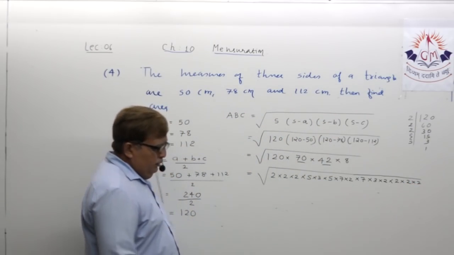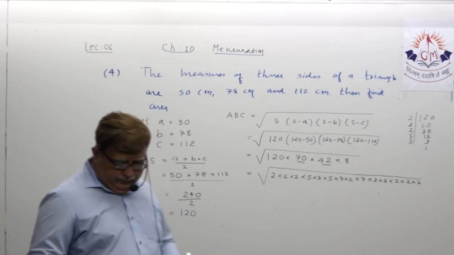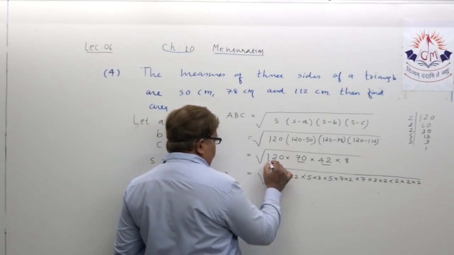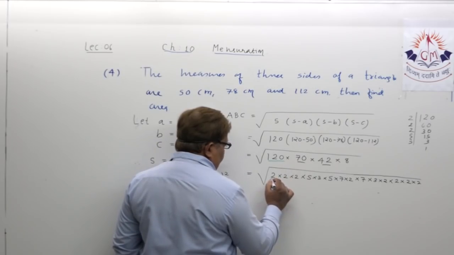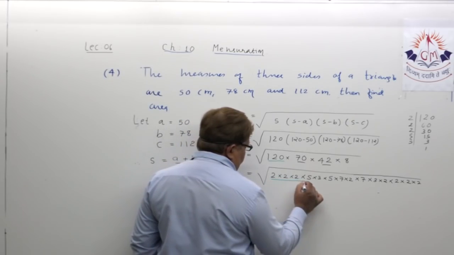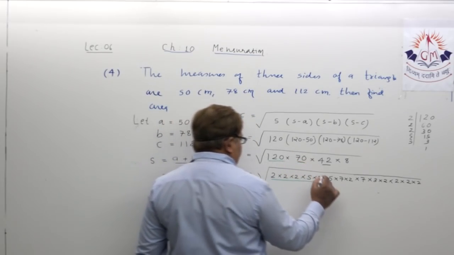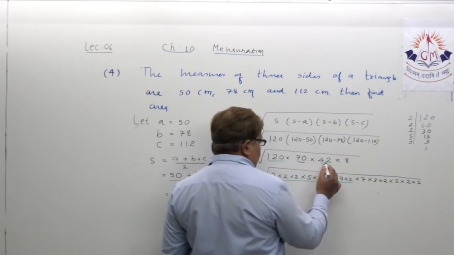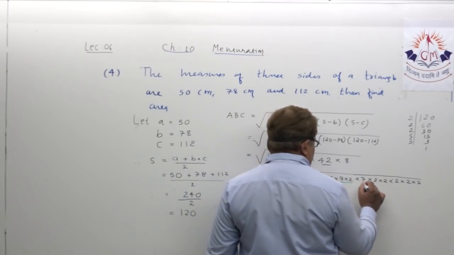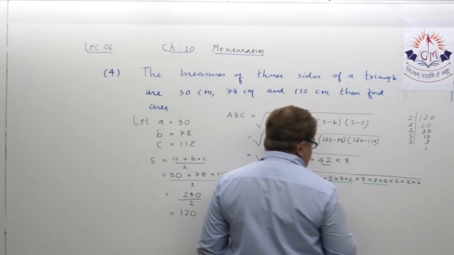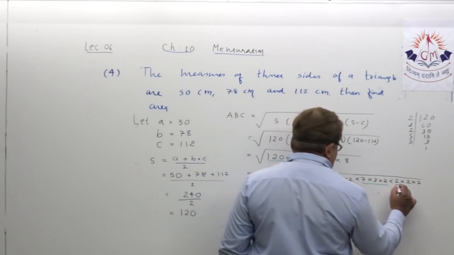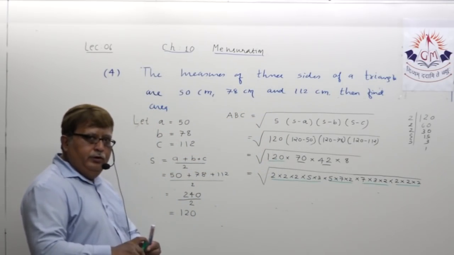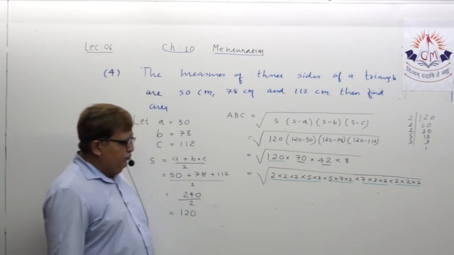See my dear student, each and every number has been prime factorized. 120 as 2 into 2 into 2 into 5 into 3, 70 as 5 into 7 into 2, 42 as 7 into 3 into 2, 8 as 2 into 2 into 2.